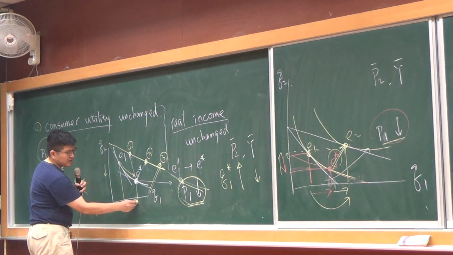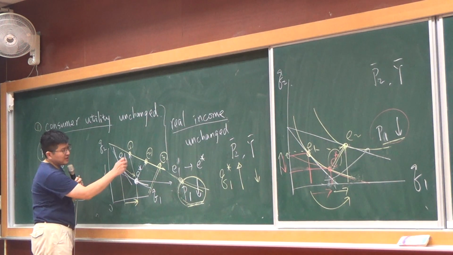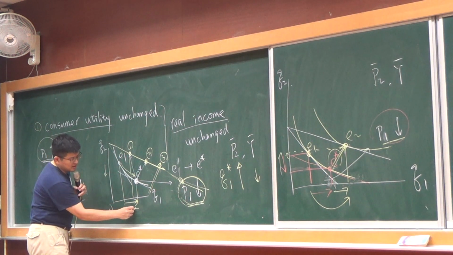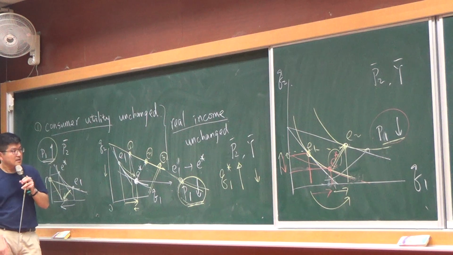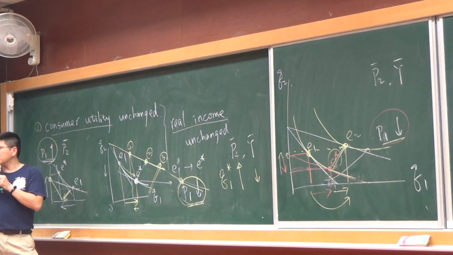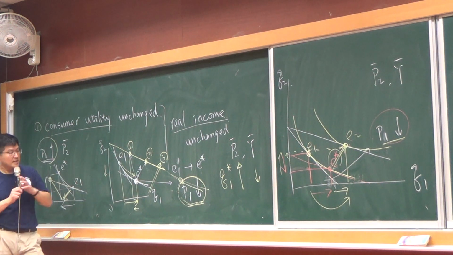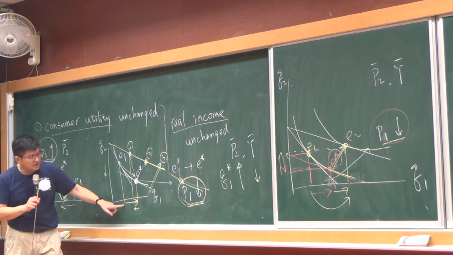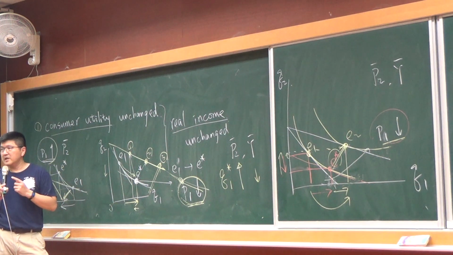So you increase the consumption by substitution effect, but you cut it back a little bit by income effect, because in this case, good 1 is inferior. Okay? So the direction is opposite.